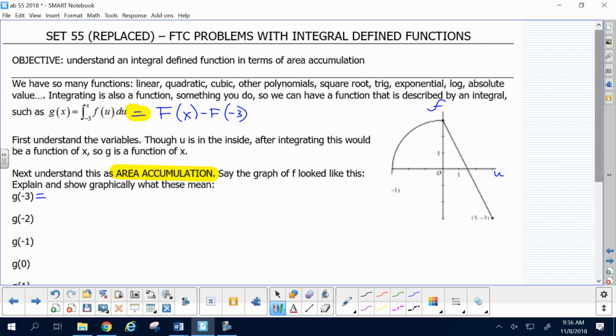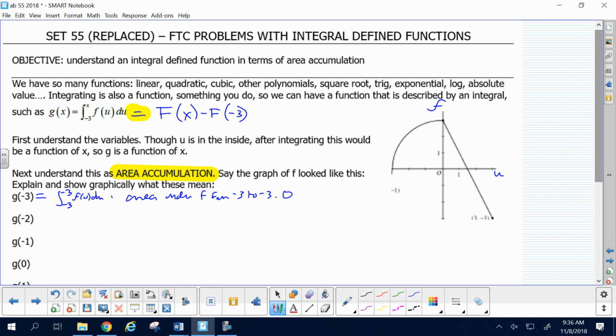If I look at what's g of -3, well, go back to this, what g is defined as. G of -3 would be defined as the integral from -3 to -3 of f, which is basically the area under f from -3 to -3, which is 0.